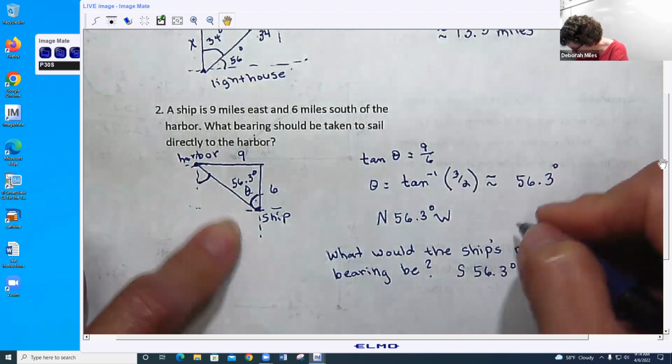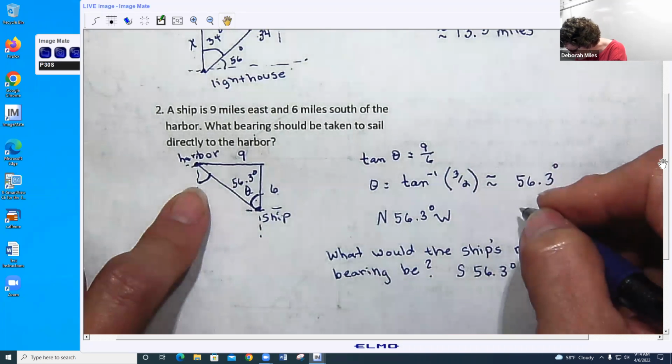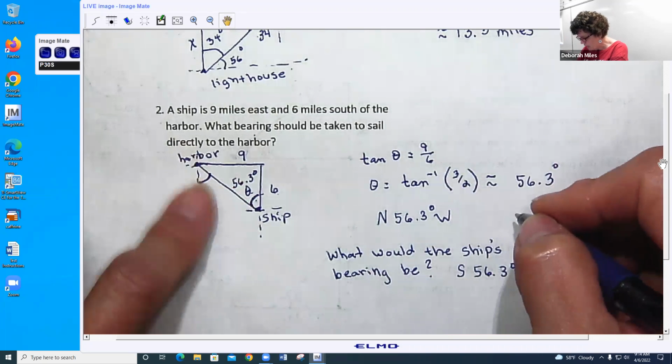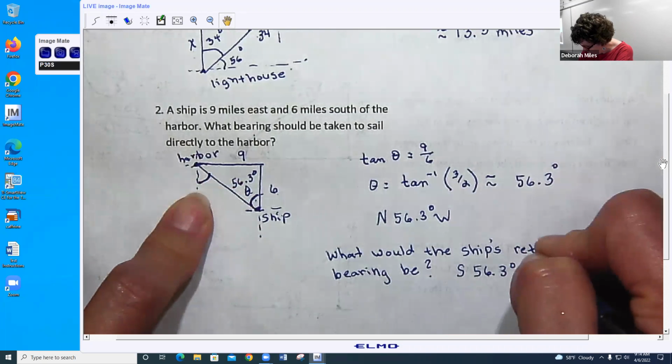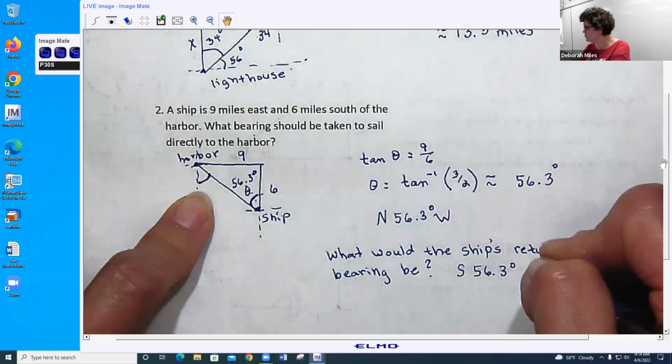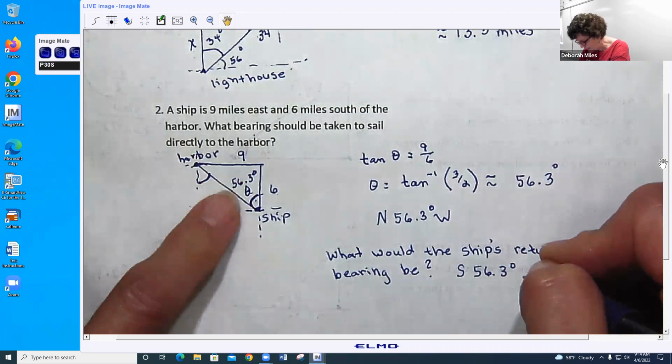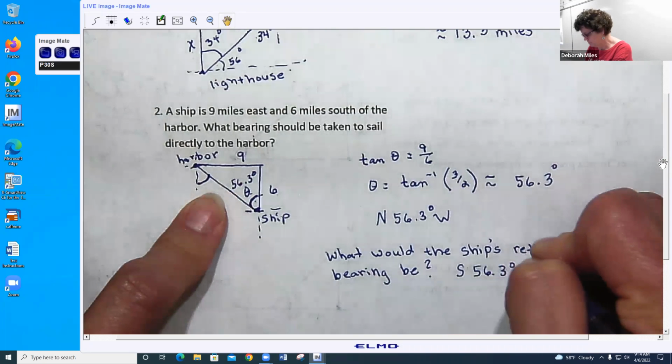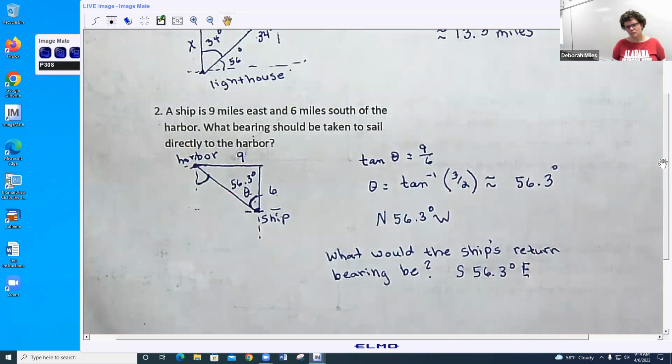And to the left of that north-south line is, I'm having trouble with left and right today. That's to the right is east.